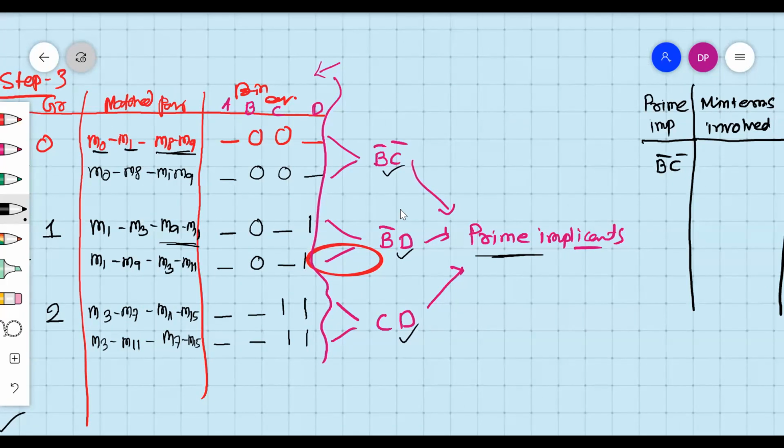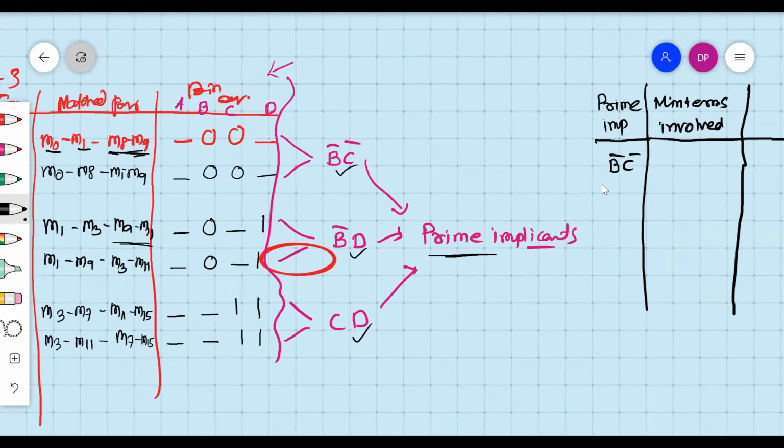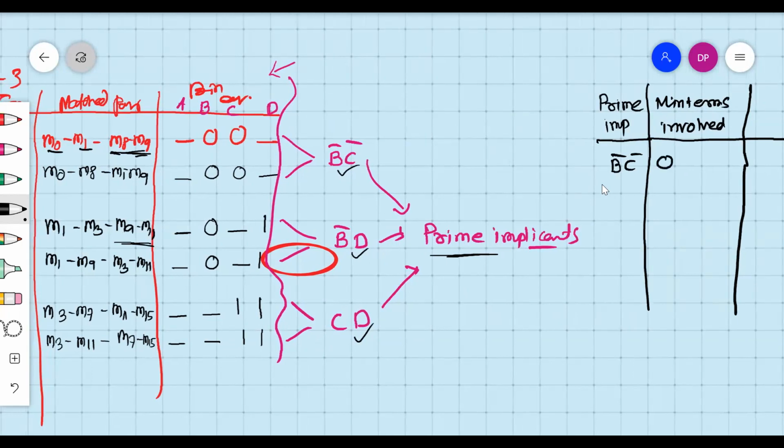M0, M1, M8, M9. These four. So the min terms involved are 0, 1, 8, and 9. Similarly, if you take this B bar D, what are the min terms involved?